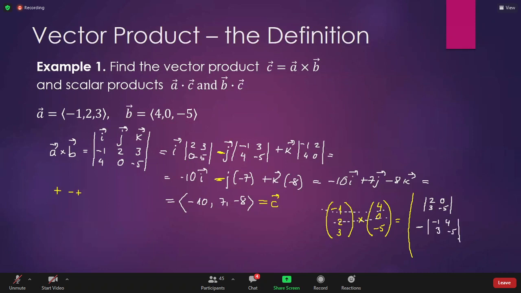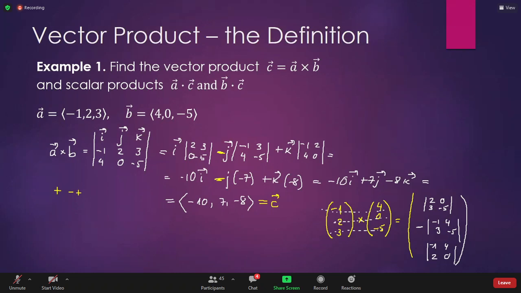And to find the third coordinate, we cross out the third coordinate and write the minor consisting of the other coordinates, minus 1, 4, 2, 0. You see that basically those minors are exactly the same.